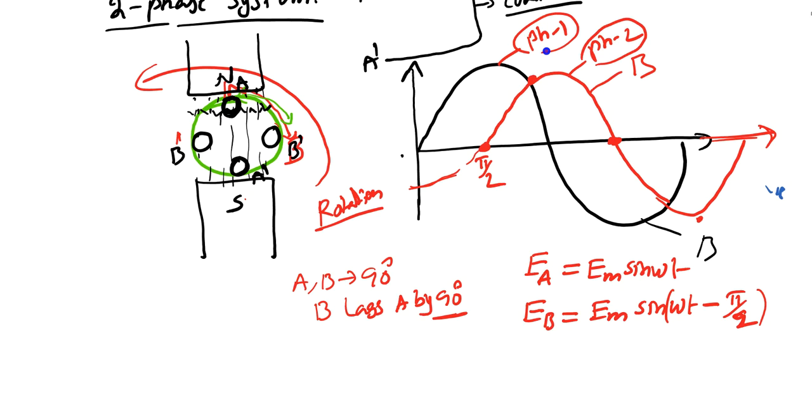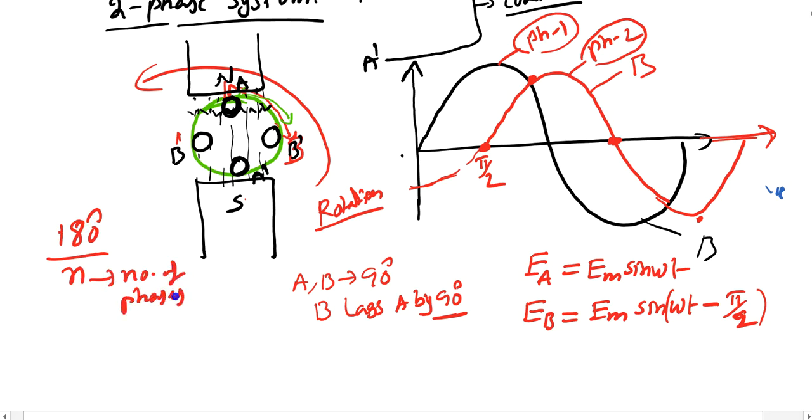In the two-phase system, phase 1 and phase 2 are displaced by 90 degrees. They have a displacement of 90 degrees, or you can say 180 degrees divided by n, where n is the number of phases.